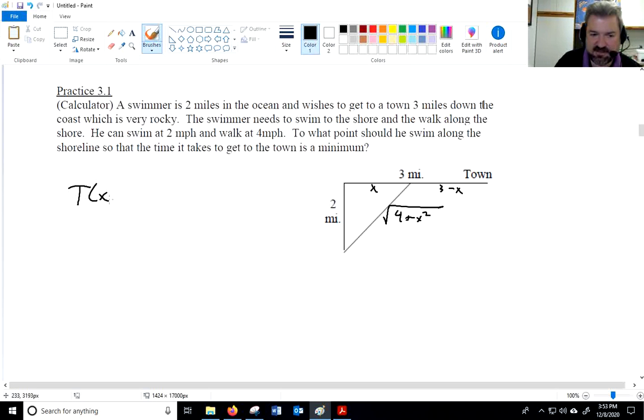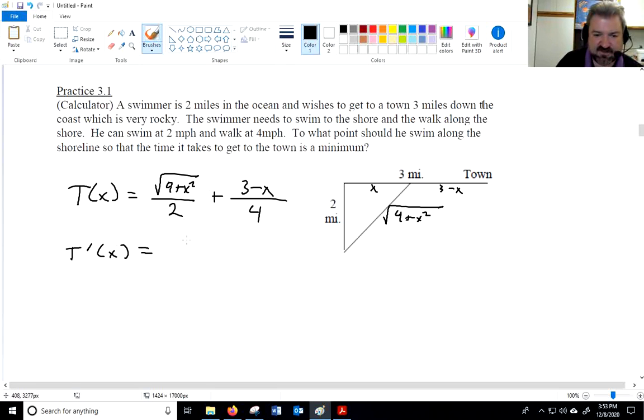So the total time as a function of x is going to be the square root of 4 plus x squared, the time swimming, divided by 2 miles per hour. And then plus 3 minus x, what we have left to walk, divided by 4 miles per hour. And let's take the derivative.